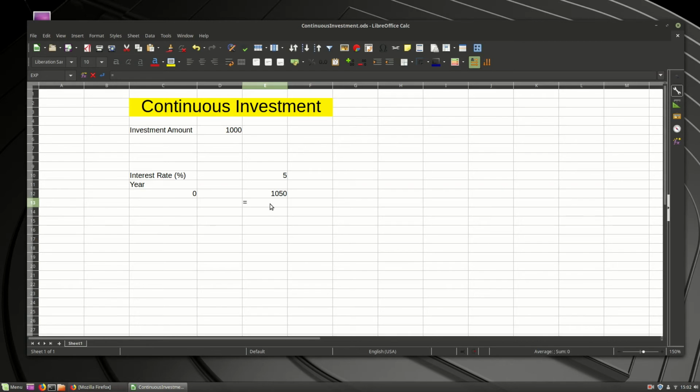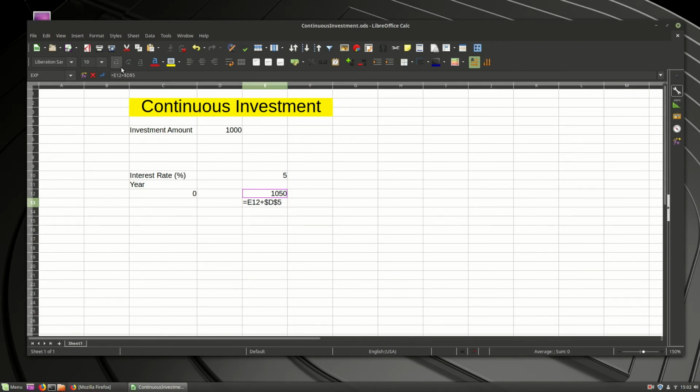So that second year, how much do we have? Well, we take that initial investment, then we add another $1,000. Cool.